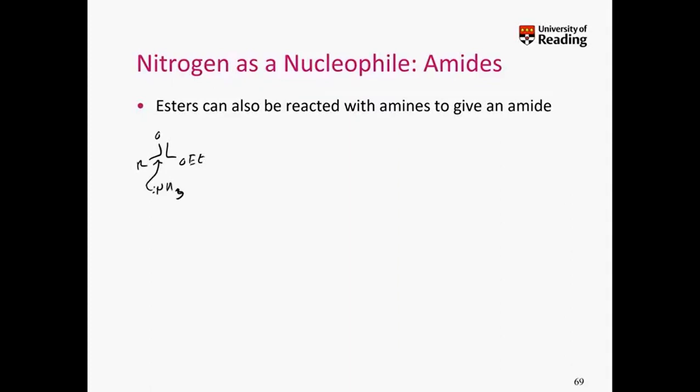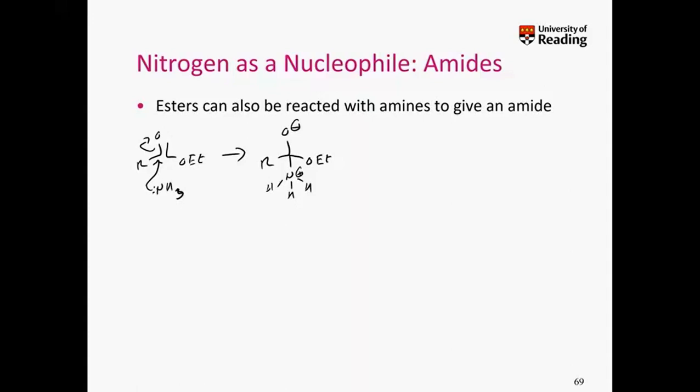We can again do that reaction with the amine onto the ester carbonyl group, break the carbon-oxygen double bond, and get to our classic tetrahedral intermediate. That's because that ammonia at the start is quite a good nucleophile.